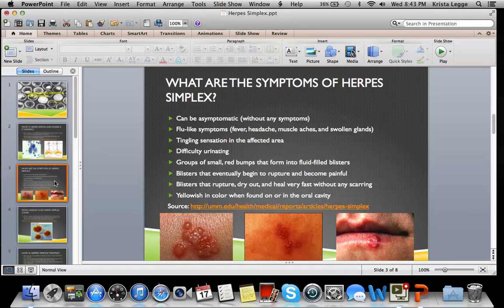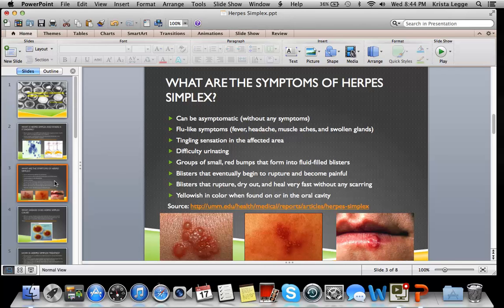But some of the symptoms that can occur are flu-like symptoms like fever, headache, muscle aches, and swollen glands, a tingling sensation in the affected area, difficulty urinating, groups of small red bumps that form into fluid-filled blisters, as you can see in the pictures below.